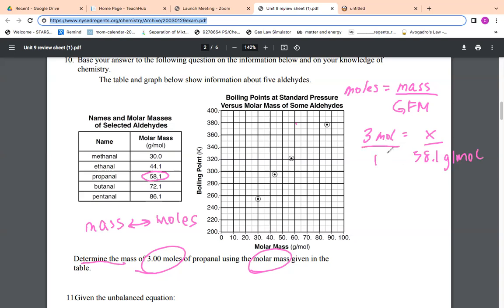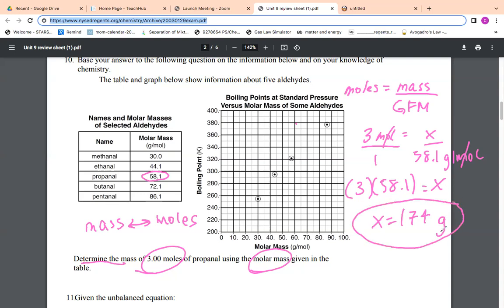Again, if it makes you uncomfortable, just put it over 1. We end up just multiplying these 2 numbers, and what we're going to end up with is about 174 grams. When you multiply these 2 things, the moles cancels out, so you're going to end up with 174 grams.